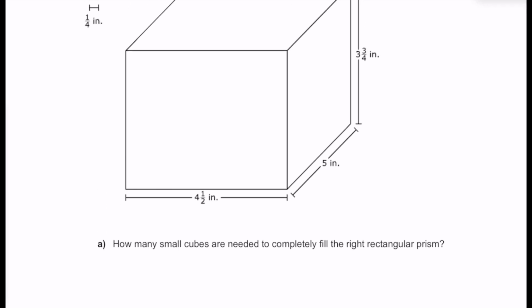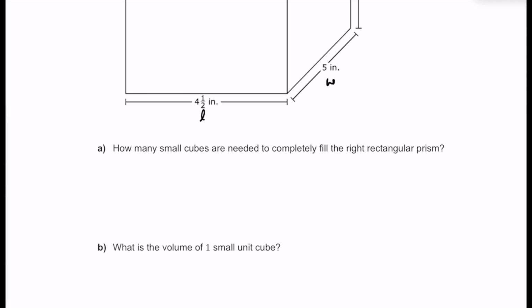Well, let's first see how many are going to fit inside here. So for the length and the width and for the height here, how many are going to fit in? Well, let's see, for the length, if we take the entire length, which is 4.5, and we want to see how many of these quarters fit inside of it, we can divide, right? When you divide, it tells you how many times something fits in. So 4.5 is the same thing as 9/2.